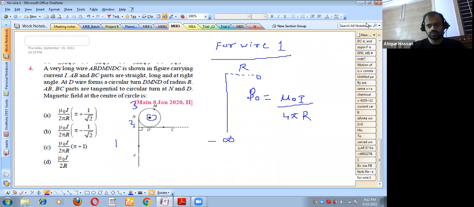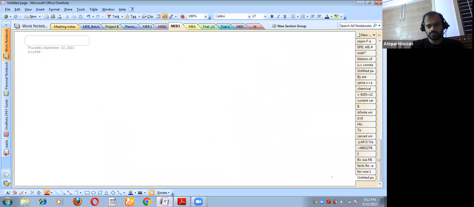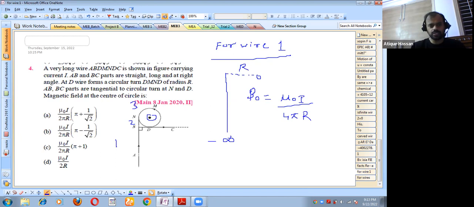For wire 2, we have to find the magnetic field at this point, so we have to use that formula.